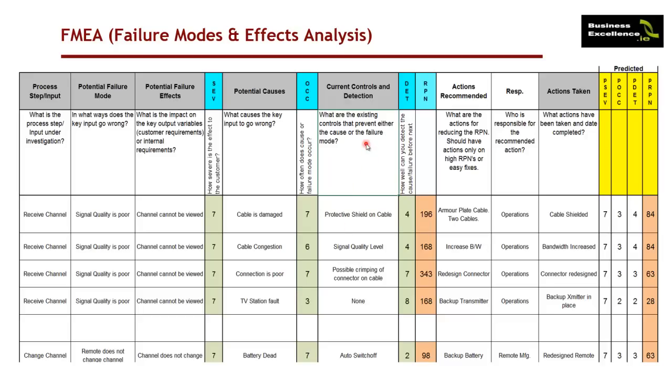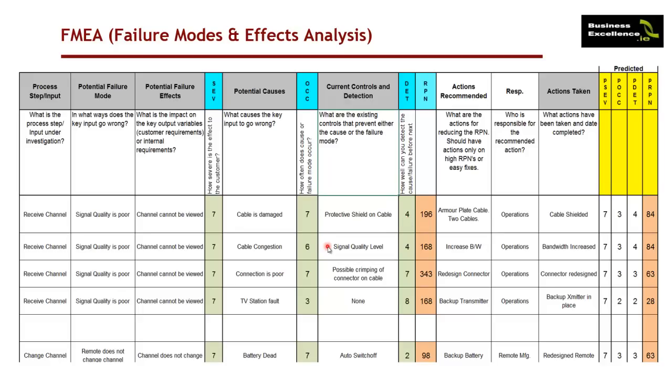For each one of these items, we then ask ourselves the question, what control is in place to either protect the cable, or if the problem is going to happen, to detect it beforehand? In the case of the cable being damaged, let's say we have a protective shield on the cable. So the control we give is a 4.